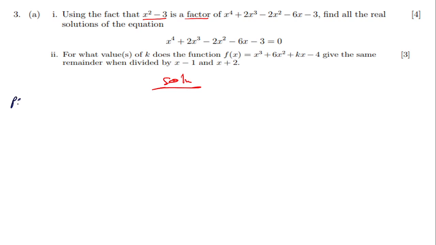I can treat that as P of x equal to x to the power 4 plus 2x cubed minus 2x squared minus 6x minus 3. Then the other one, I can notice, is x squared minus 3, which I can treat as Q of x.